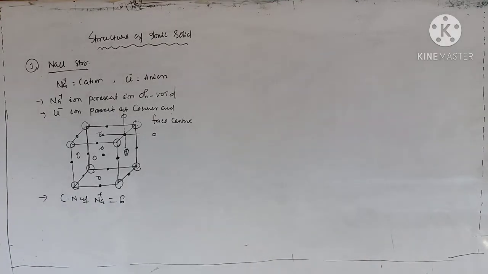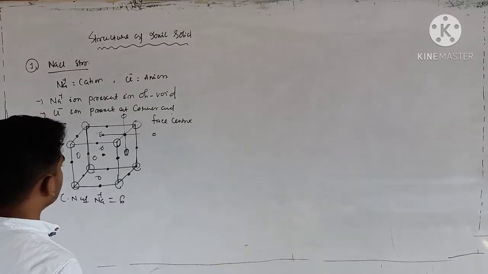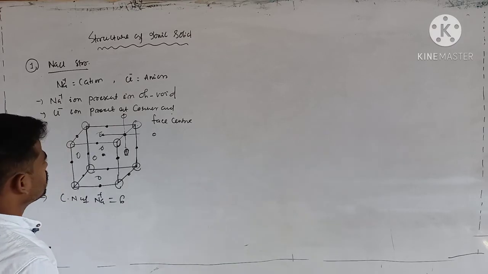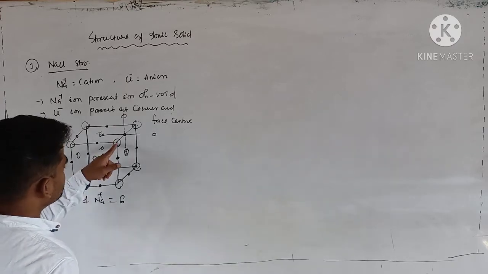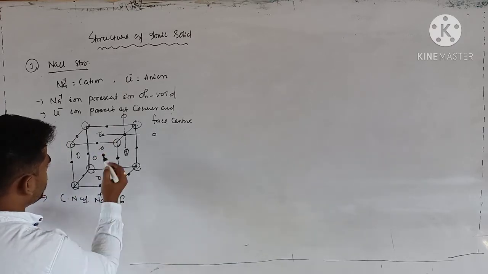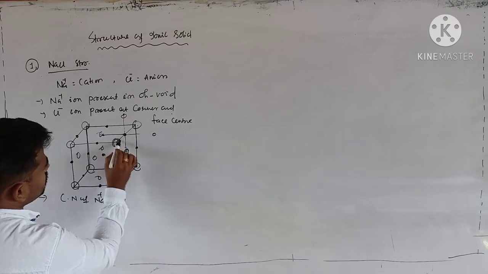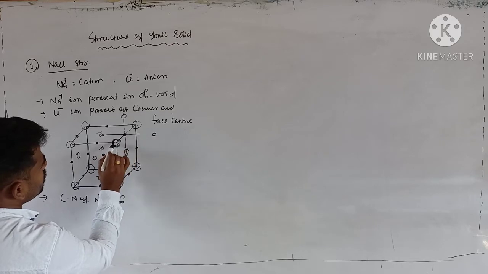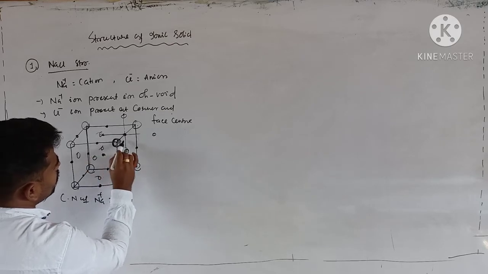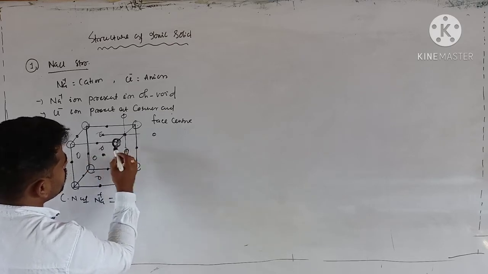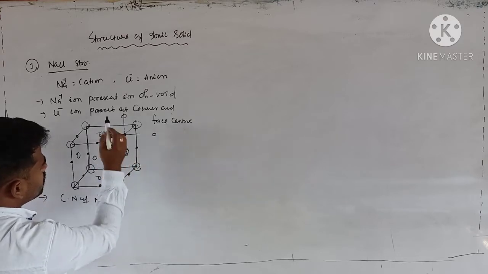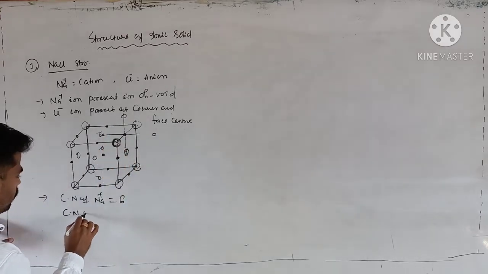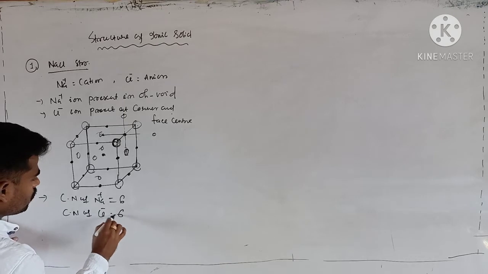Is that clear? Next, the coordination number of Cl minus, present at the packing site: this Cl minus ion is associated with 6 octahedral voids, so the coordination number of Cl minus is also 6.